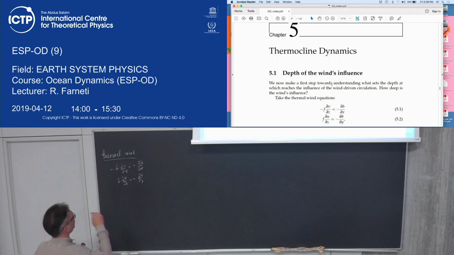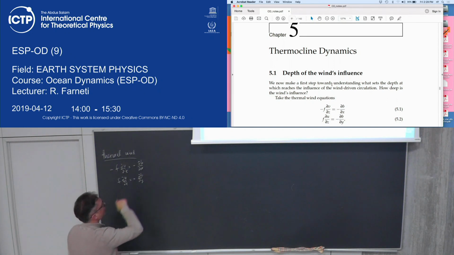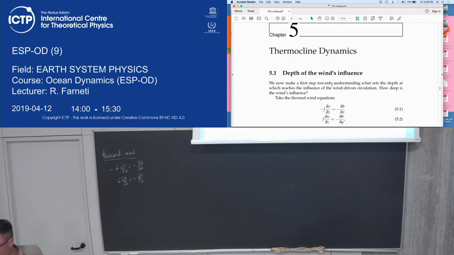And this is the thermal wind equation. So you have a meridional gradient in buoyancy or in temperature, and that horizontal gradient in temperature or buoyancy will induce a geostrophic flow. And actually you can look at the vertical derivative of that meridional flow, and that's the thermal wind equation, right?